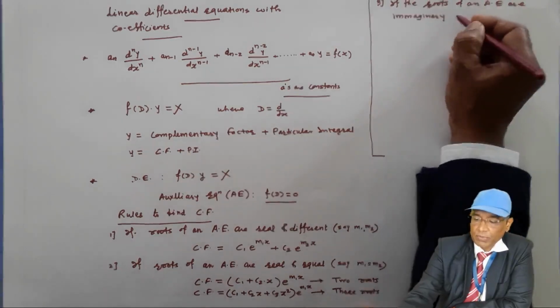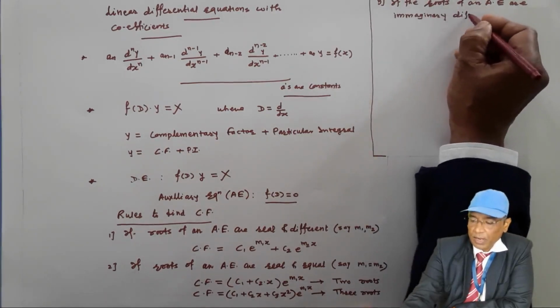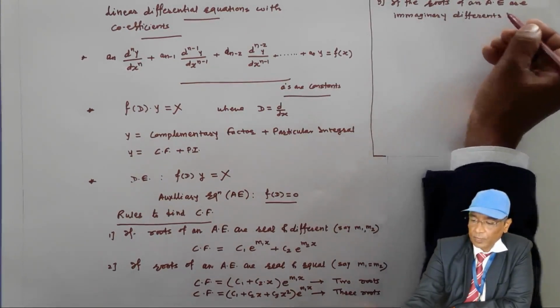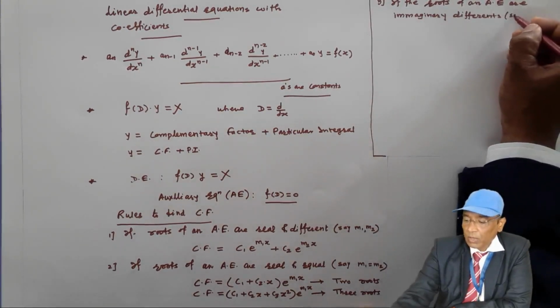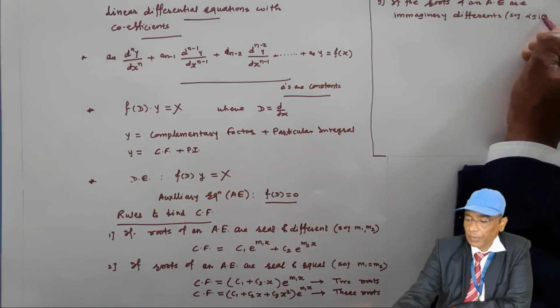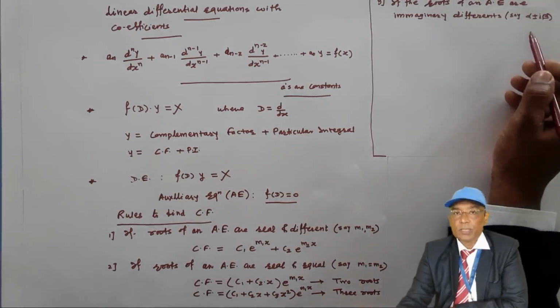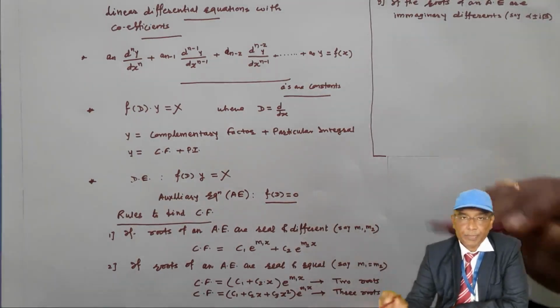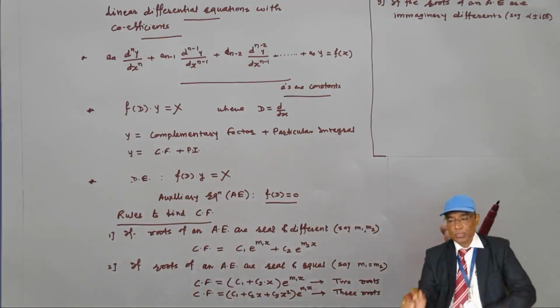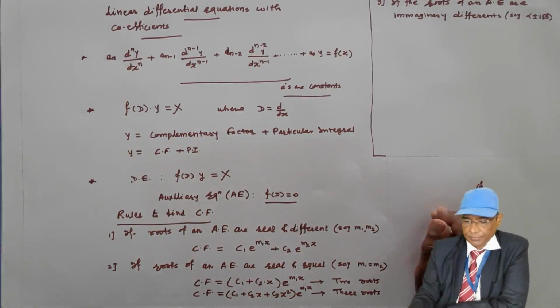Roots of an auxiliary equation are imaginary and different, and this case I am writing for 2 roots. These roots are of the type alpha plus minus i beta. The first root is alpha plus i beta, and the second one is alpha minus i beta. Means we have two roots here, alpha plus minus i beta.